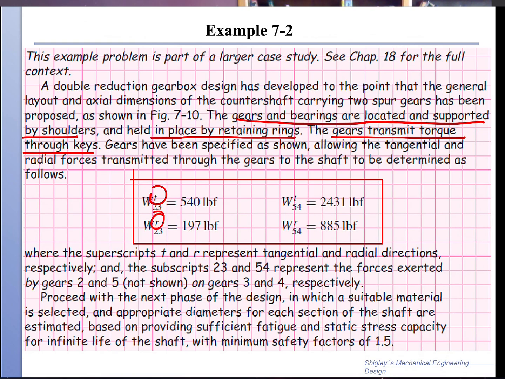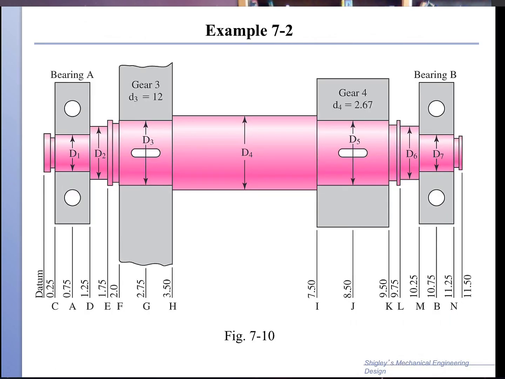So F23 is the force between gears 2 and 3, and what we see here is only gear 3. There's a gear 2 right here, which you can't see, and this gear 2 is transmitting a force to gear 3.